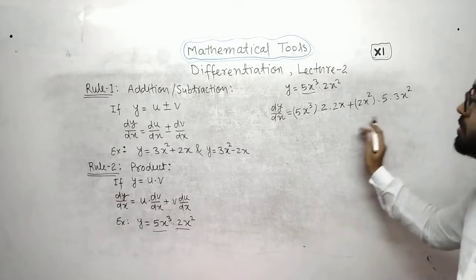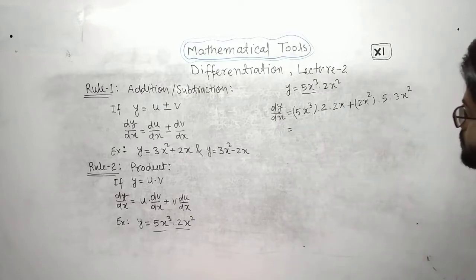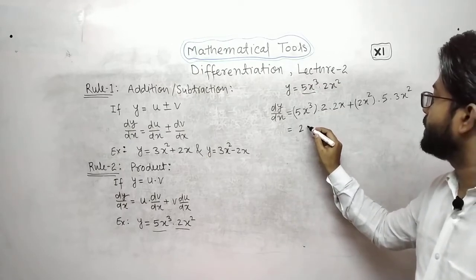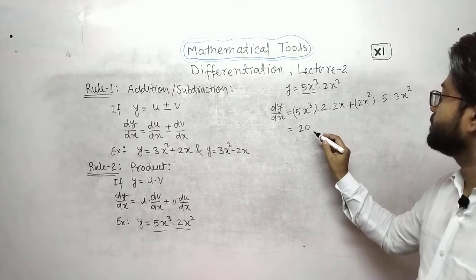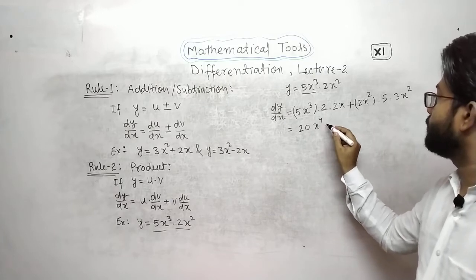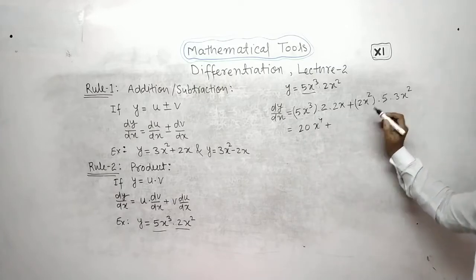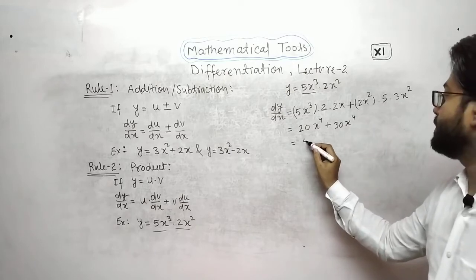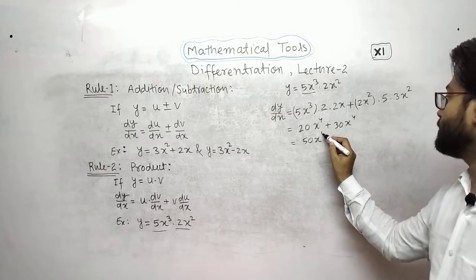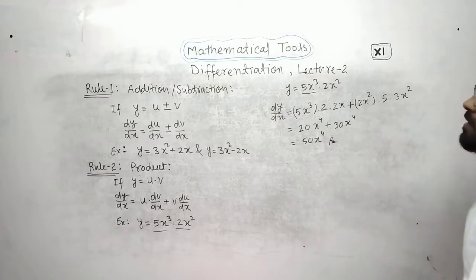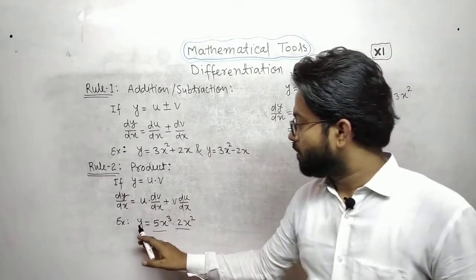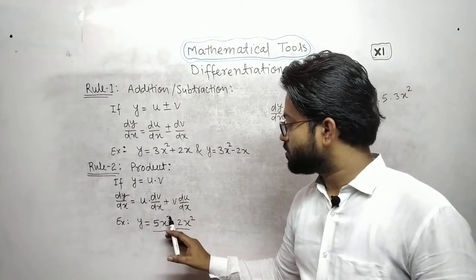This is the differentiation, and you can also simplify. 5 into 2 into 2 means 20x to the power 4, plus 30x to the power 4, means 50x to the power 4. This is your answer.